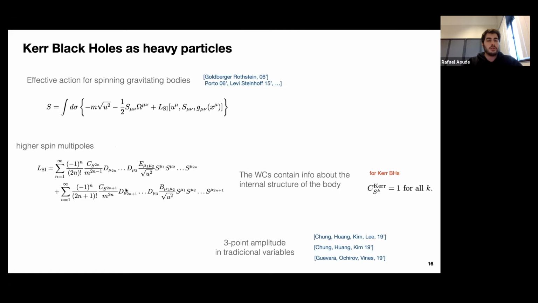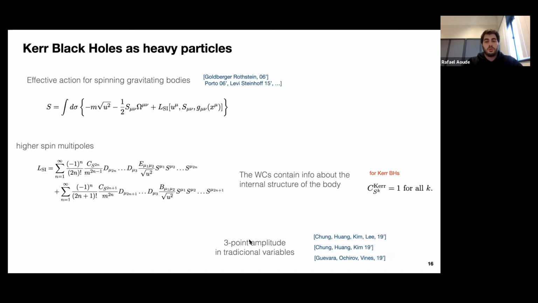The action has a multipole expansion, where each multipole comes with a Wilson coefficient, and the Wilson coefficients have the information of the internal structure of the body. And when all these Wilson coefficients are 1, this represents a Kerr black hole.